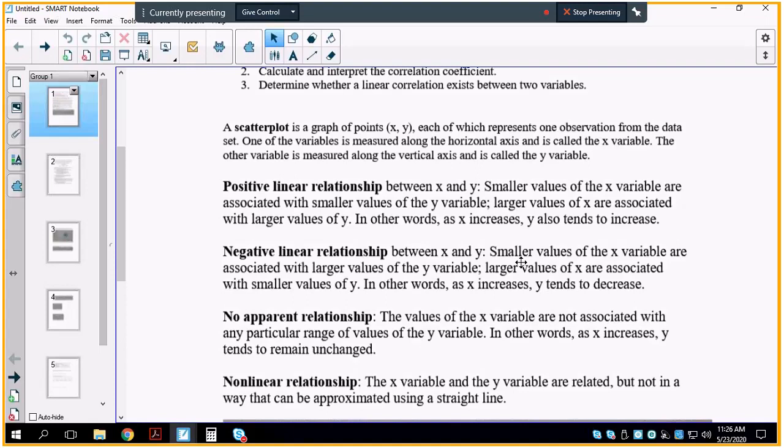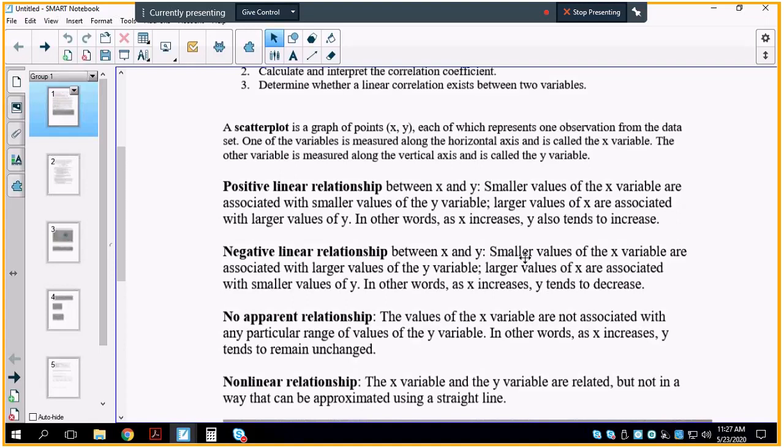And finally, a non-linear relationship is a relationship where changing values of x will have impact in the values of y changing, but not in particular, like a straight line. Then we will call it a non-linear relationship.